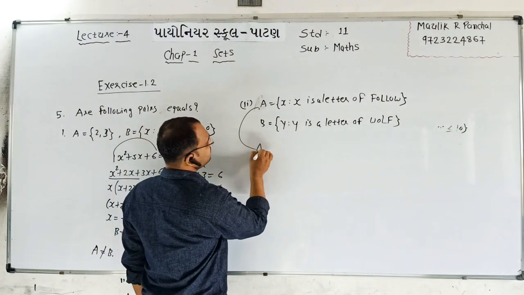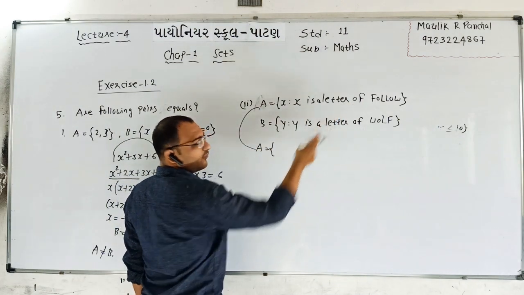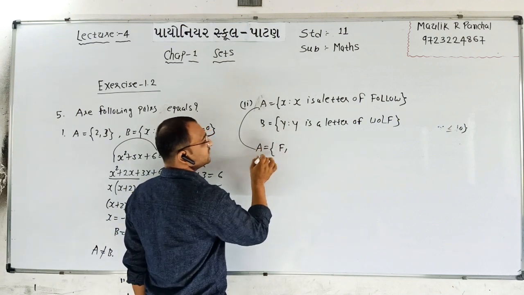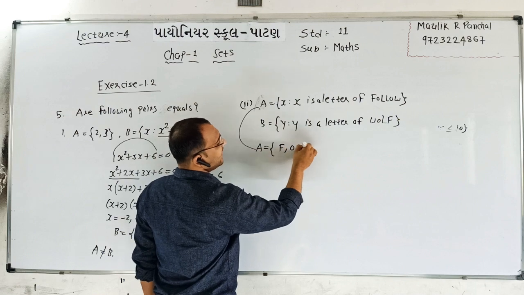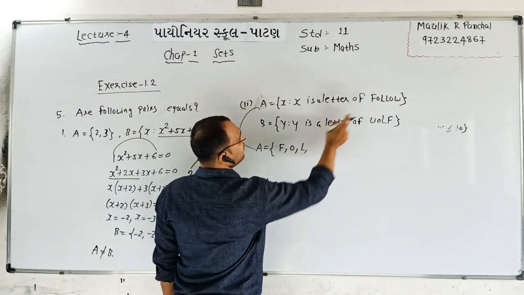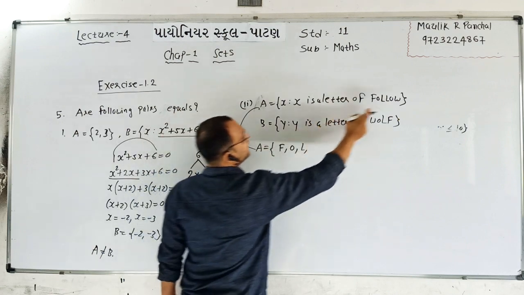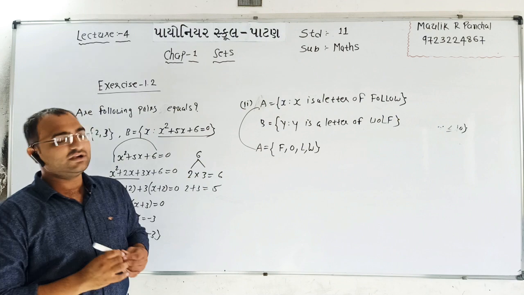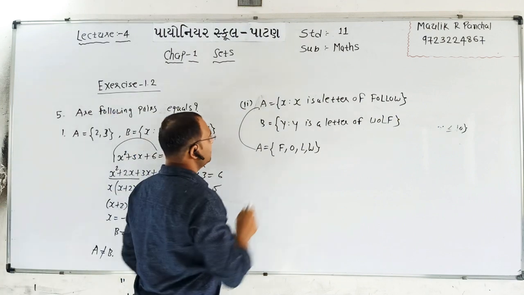A equal to letters of follow: F, O, L. Another L is not included in A. O is not included in W. We know that a twice-occurring letter is not included again in the set.